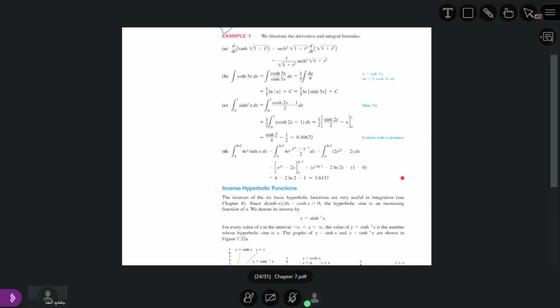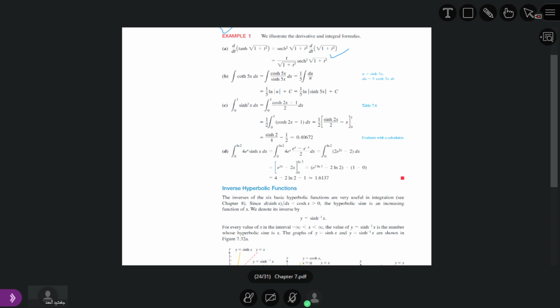So our answer is t divided by the square root of 1 plus t squared, times sec hyperbolic squared of the square root of 1 plus t squared.